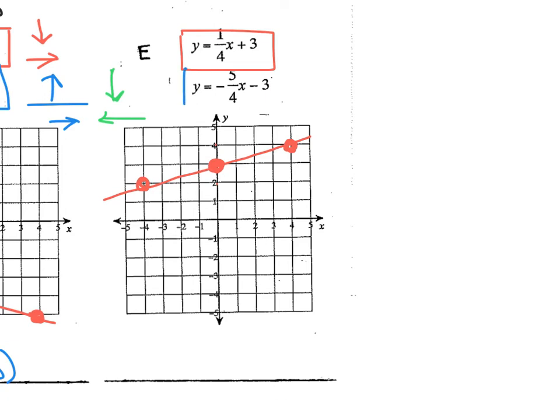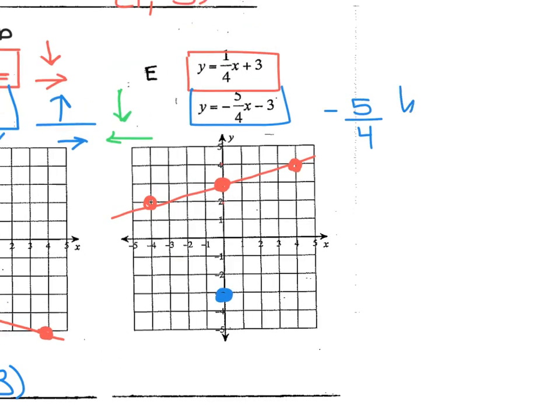Our second line, we begin at -3. Our slope is -5/4. I will write this down for you guys. And we would go down 5 and right 4. But again, we can't do that without going off the graph. So we do the opposite.